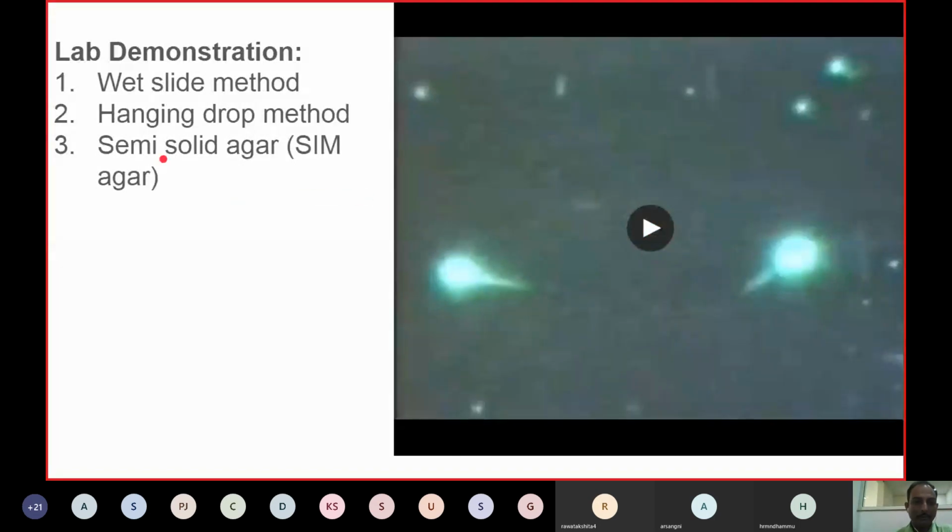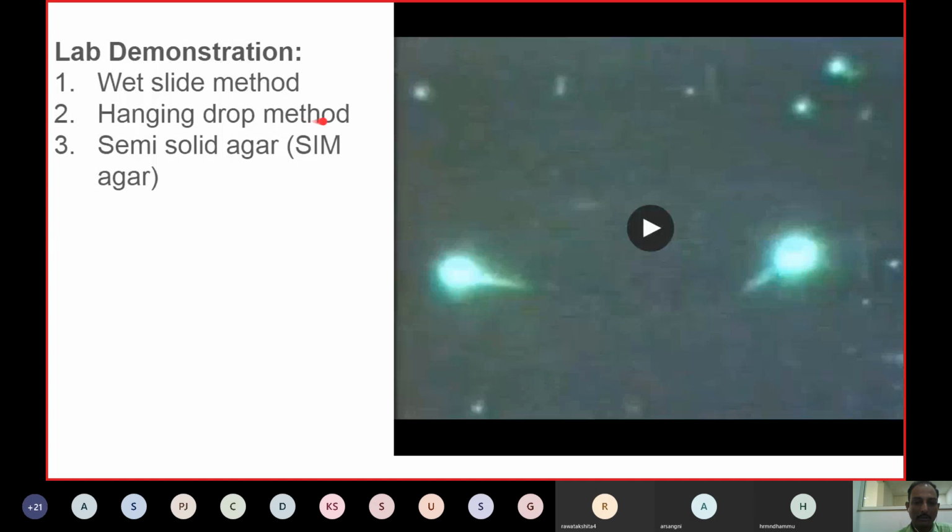Fine. So we can demonstrate the motility of a bacteria in the laboratory by three methods. One is known as the wet slide method, where there is no fixation of bacteria onto the slide, right? And we observe the bacteria directly under the microscope, which is called the wet slide method. Then another method is the hanging drop method.